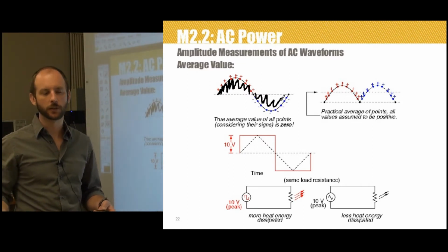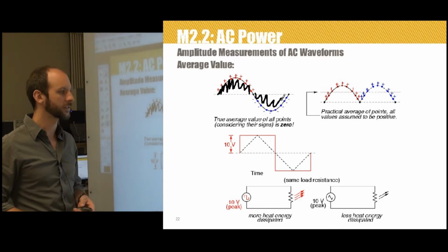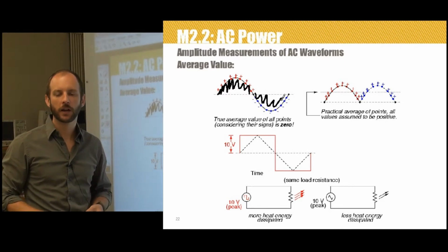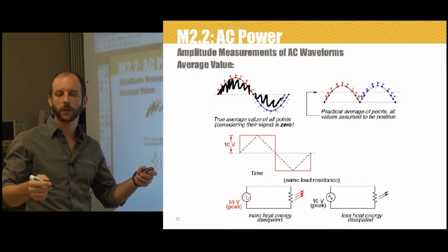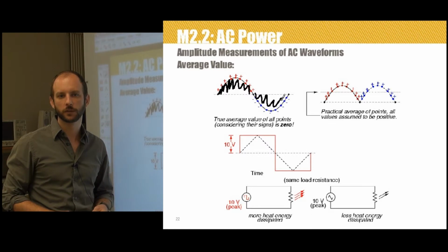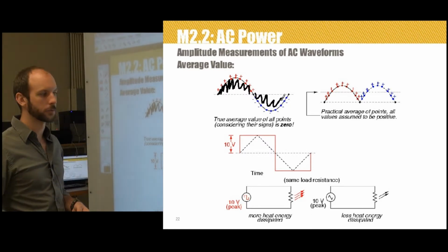We would get 0, right? The average value of the AC waveform centered along the x-axis is 0. So if we just took the average value of a sine wave as representing some general property of the sine wave, we would not have any voltage or any current, right? So that's clearly not a very useful form of measurement for us.